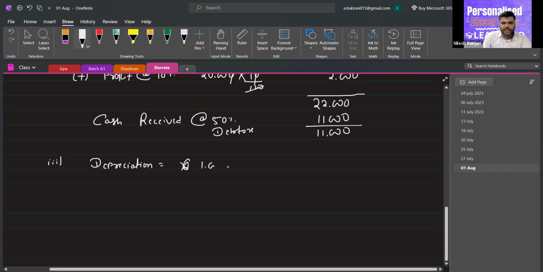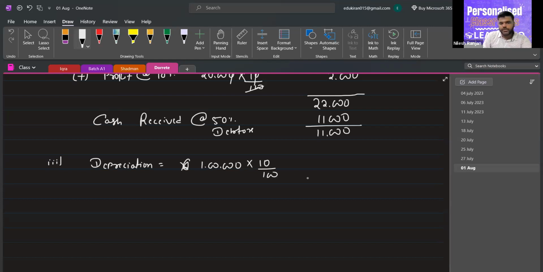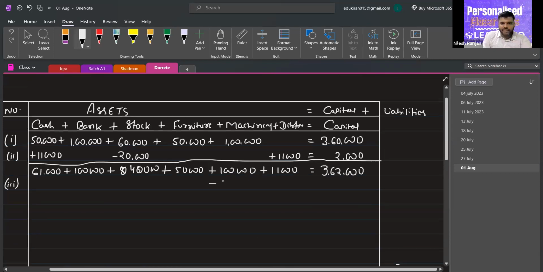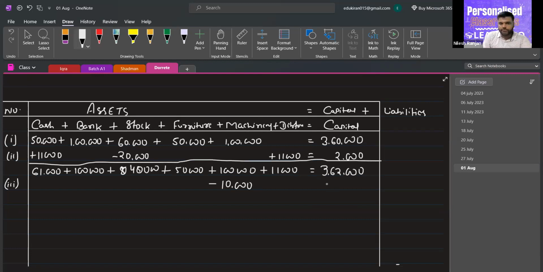So 1 lakh into 10%. It will be 10,000. So this 10,000 will be deducted from machinery, and depreciation is an expense or loss, so it will be deducted from capital also.